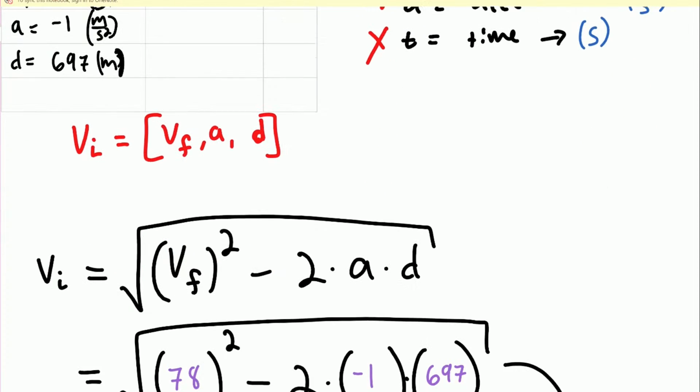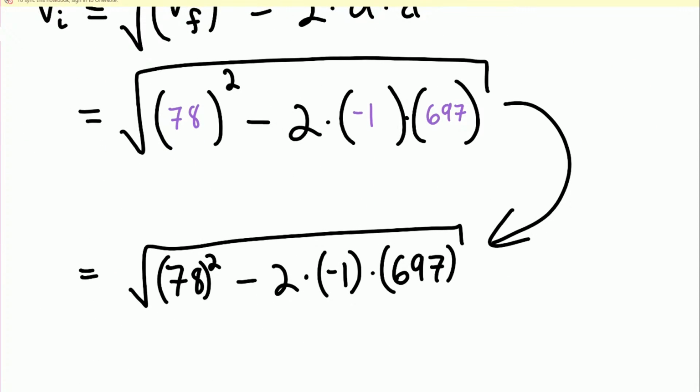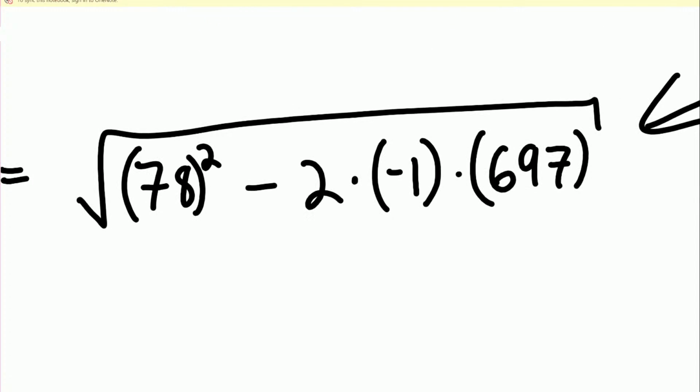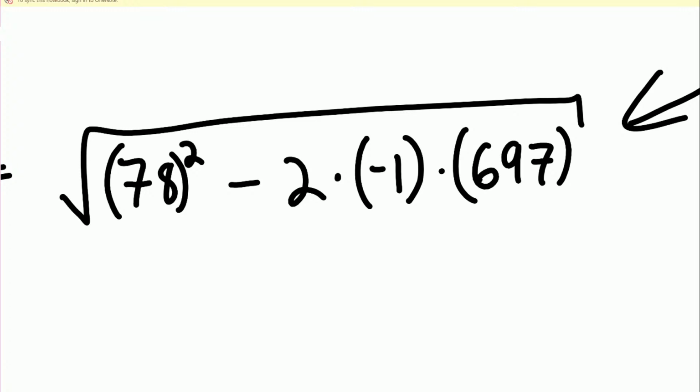Okay, good. Now, when it comes to this, what I want you to do is, are you writing any of this down? I want you to write this out just like it is, with the parentheses and everything. Let me know when you're done with that.